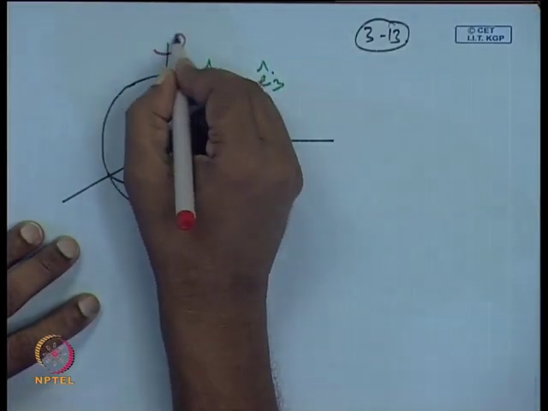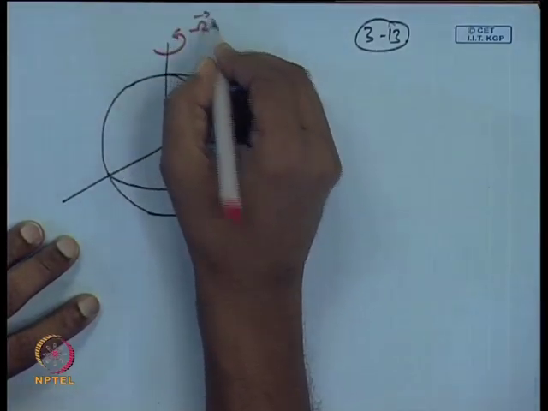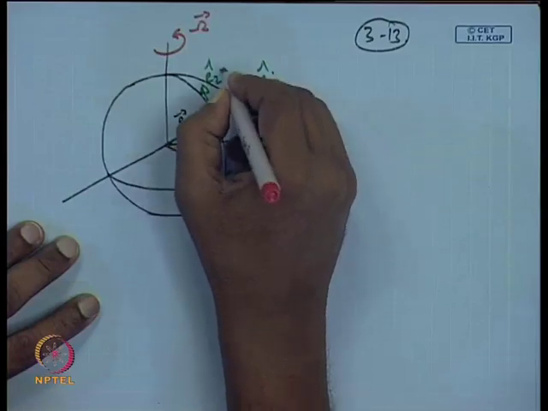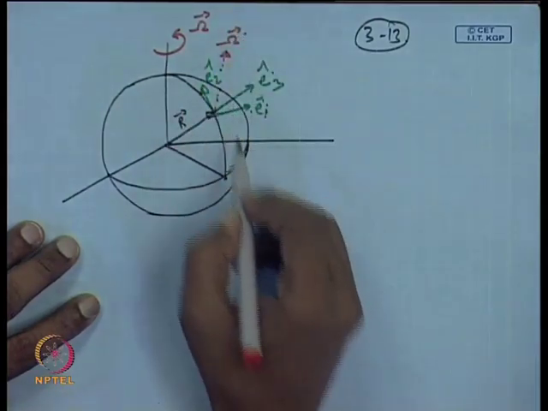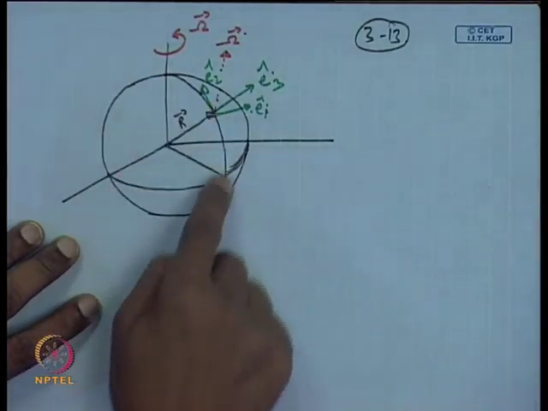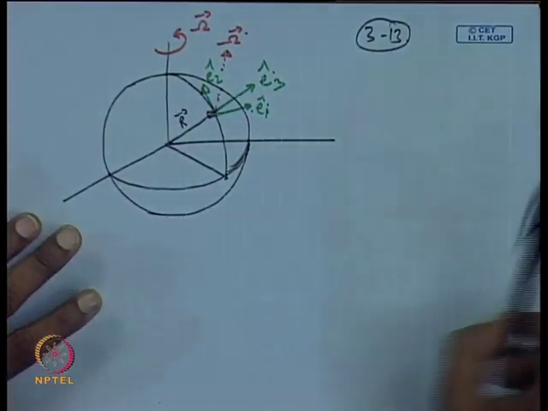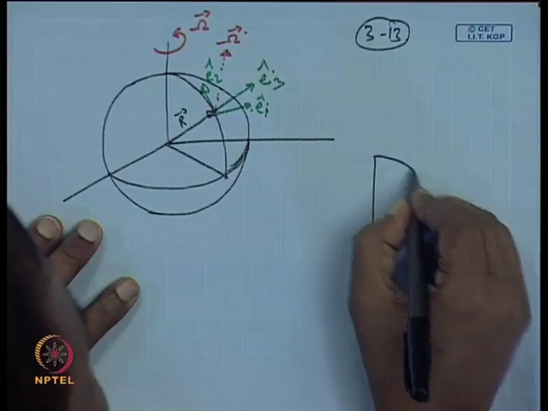So, earth is rotating about this axis with capital omega. So, here we can show that this is the angular velocity of this body frame.